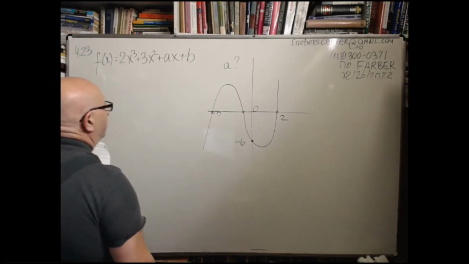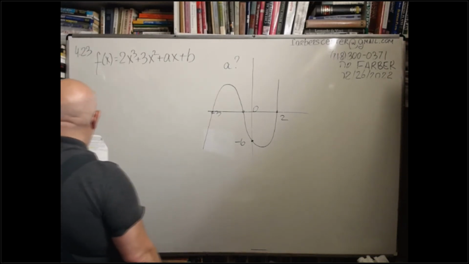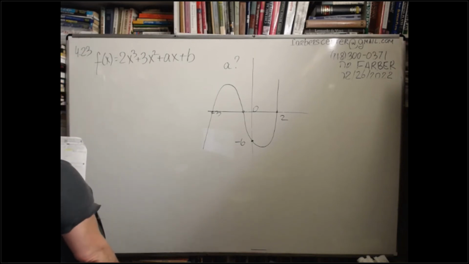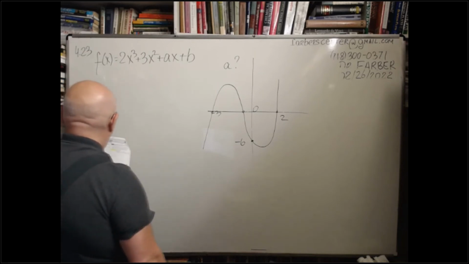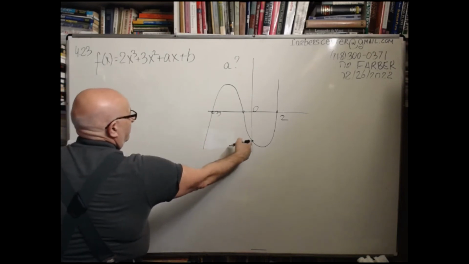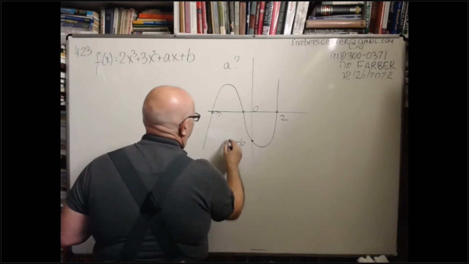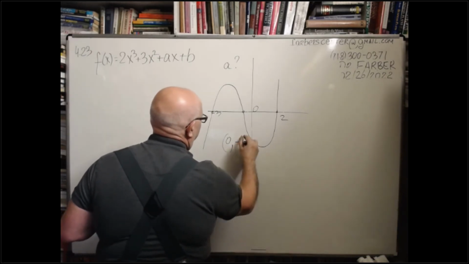Well, when you know f of 0, this point is given. The coordinate of this point is x equal to 0, -6 from this graph.